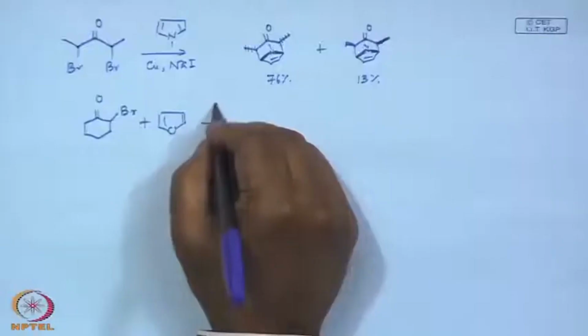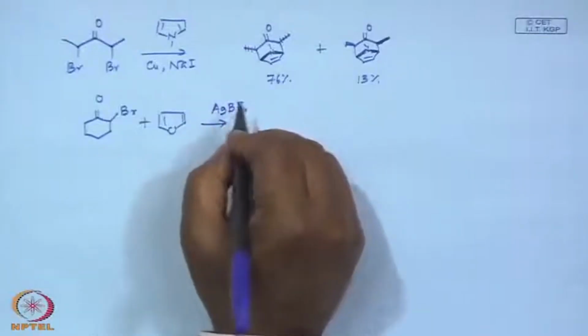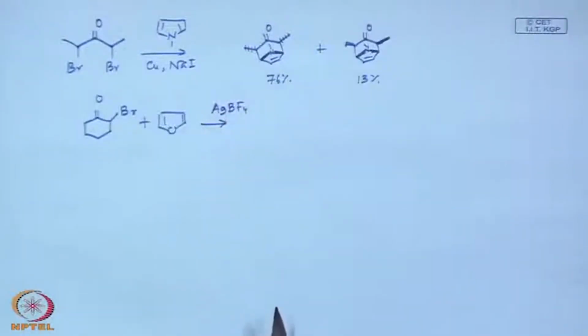Normally, formation of a carbocation adjacent to a carbonyl group is a little tough. So how do you do it? You have to have a halophilic reagent, and what is the halophilic reagent? Silver. So in this example people have used silver tetrafluoroborate, fine.